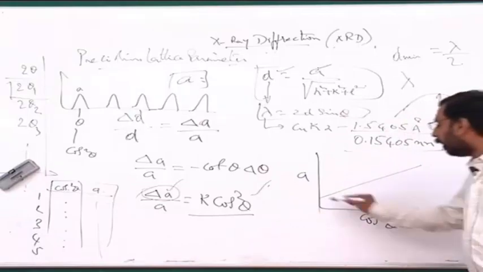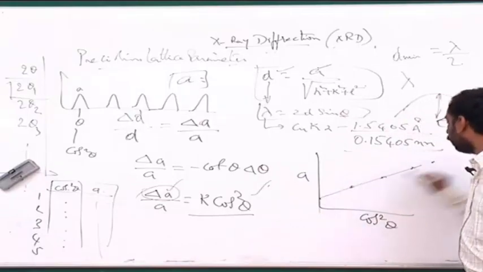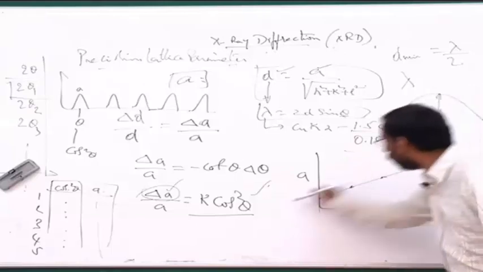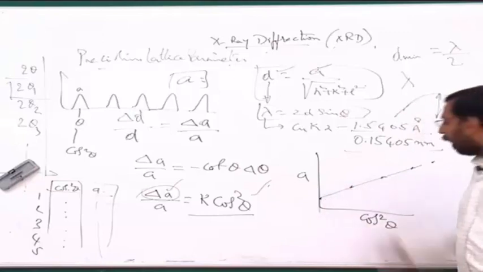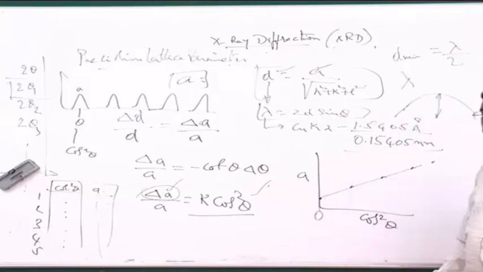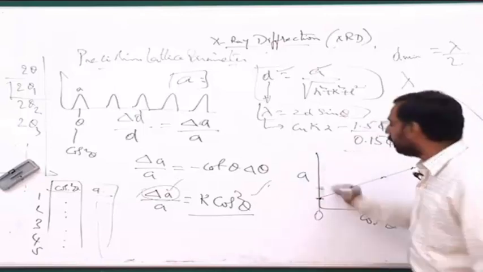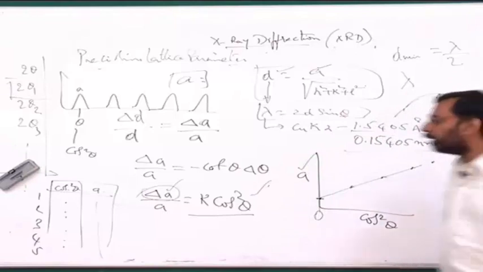Once I get certain points like this, I fit them with a least square fit, and extrapolate that particular line to where it intersects where this is 0. Whatever you read on the y-axis is the precise lattice parameter. And this is the method that is regularly used.